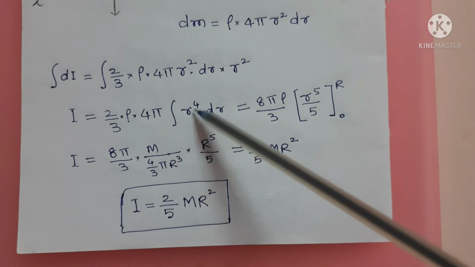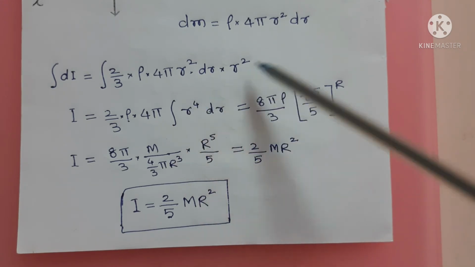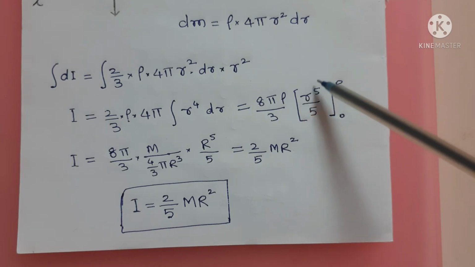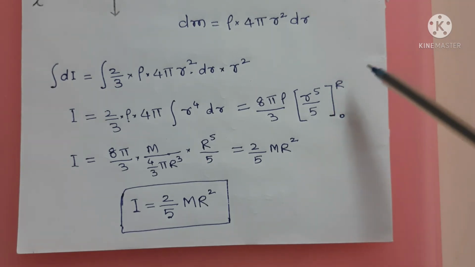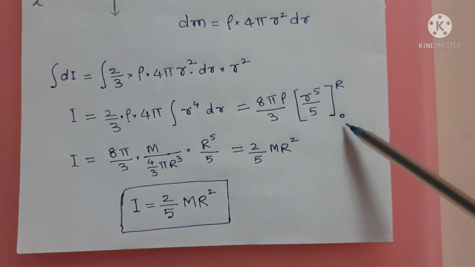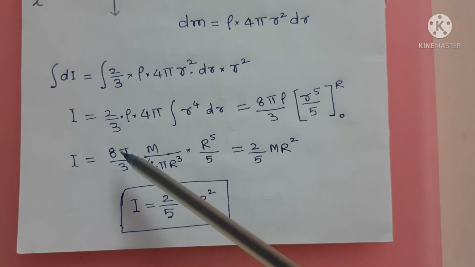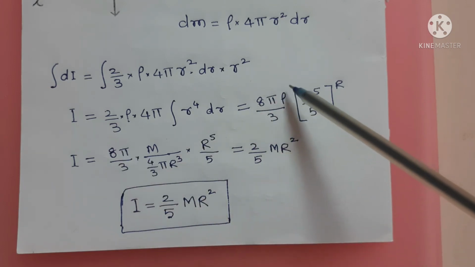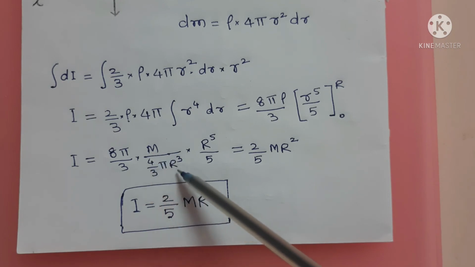Here integration of r to the power of 4, that is r to the power of 4 plus 1, that is 5. R to the power of 5 by 5. Limits, lower limit 0, upper limit capital R. You substitute upper limit first minus lower limit. So 8 pi rho divided by 3. Rho means mass per unit volume, mass capital M divided by the volume 4 by 3 pi R cube.